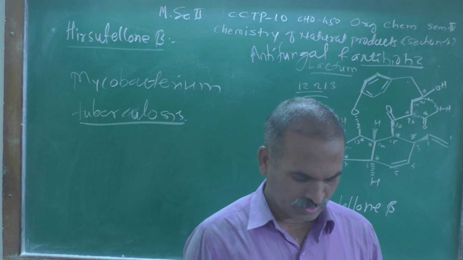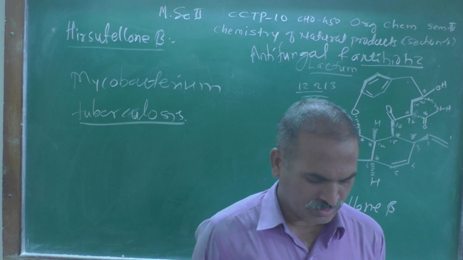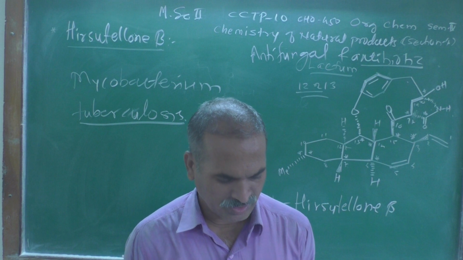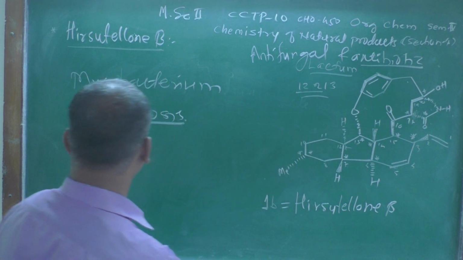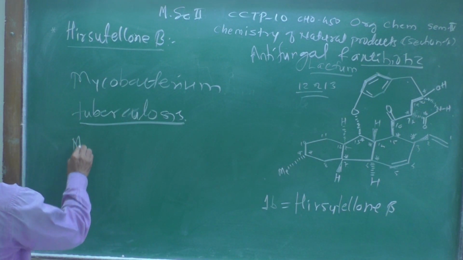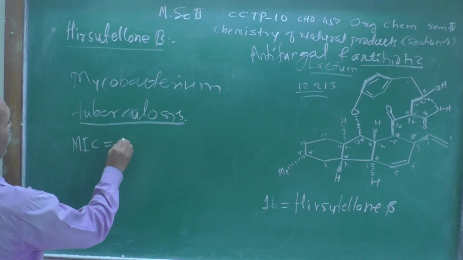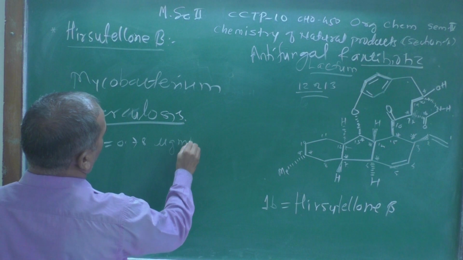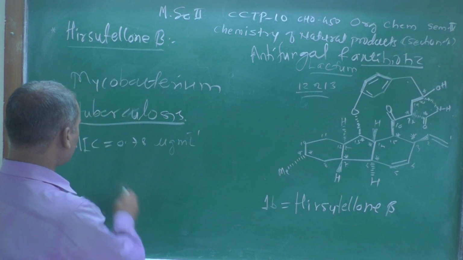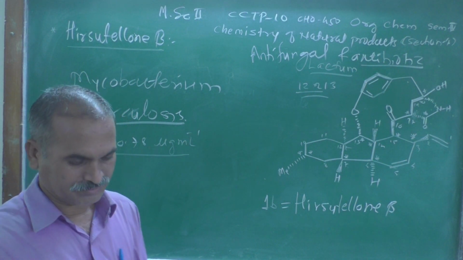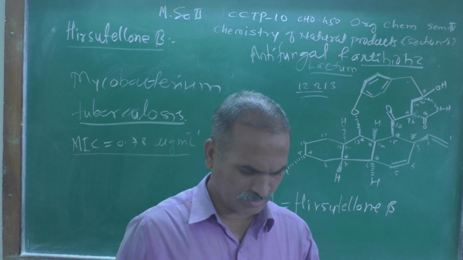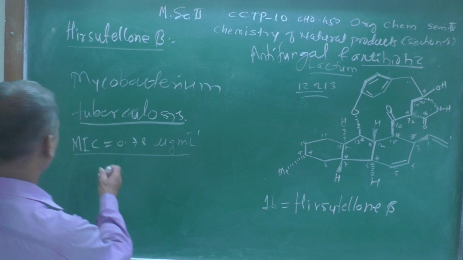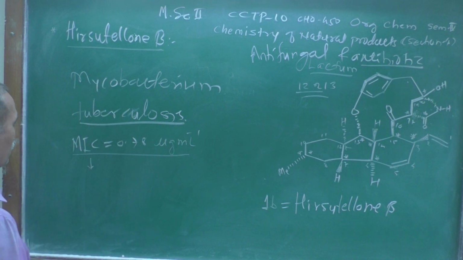So against Mycobacterium tuberculosis, the MIC is 0.78 microgram per ml. This much MIC is taken here. And as we know, what is the full form of MIC?